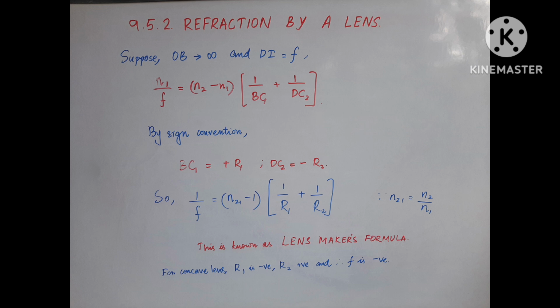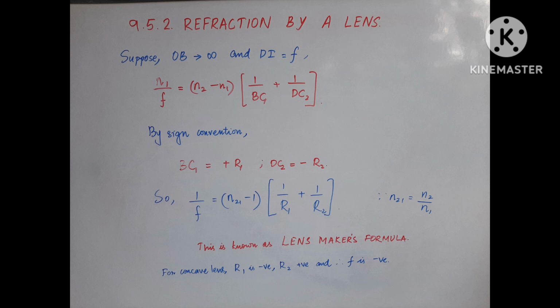So n2 by n1 becomes n21, and n1 by n1 becomes 1. So the equation is 1 by f is equal to n21 minus 1 into 1 by R1 plus 1 by R2, where n21 is equal to n2 by n1. This is known as the lens maker's formula.